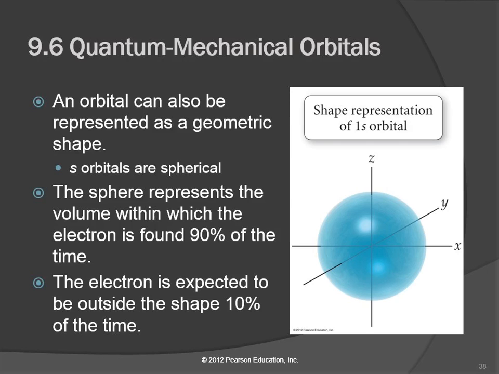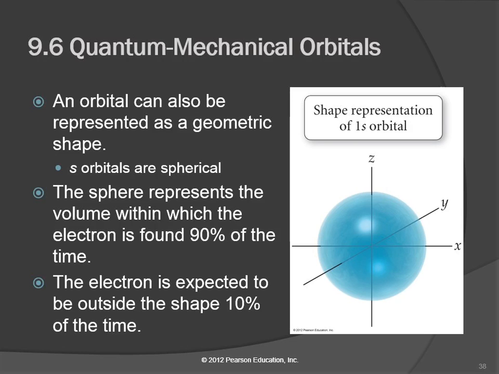With a geometric shape. So an s orbital is a sphere. S for sphere, that's nice. This is not a container that the electron is found in. This is our representation of the region in which the electron is found 90% of the time. 10% of the time, the electron is not in this area.